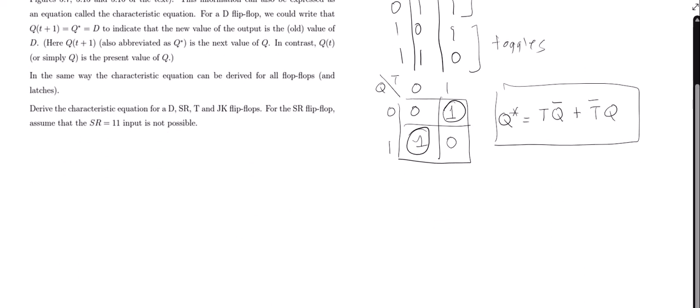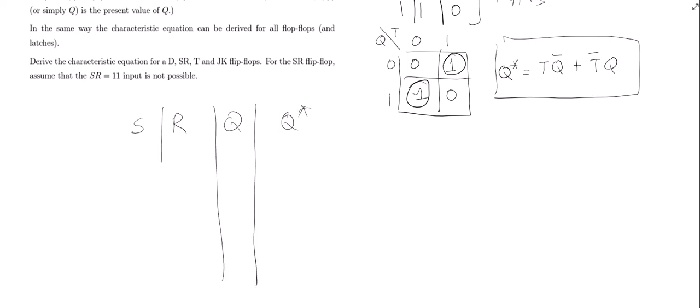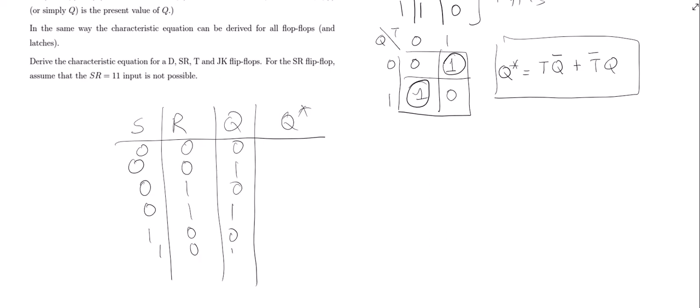So let's do SR now. Okay, so we are supposed to assume that the SR equals 1, 1 input is not possible.